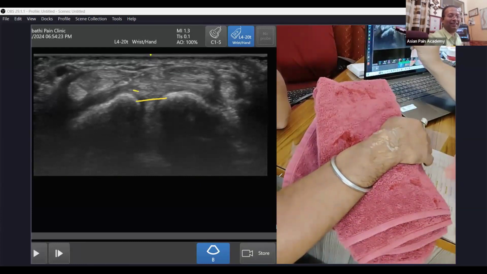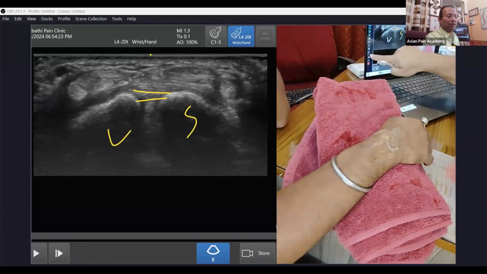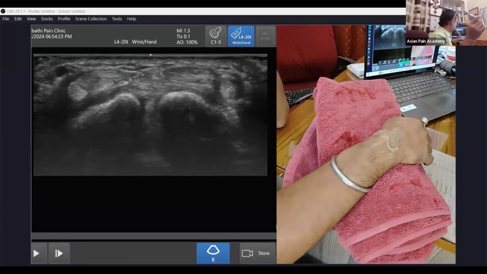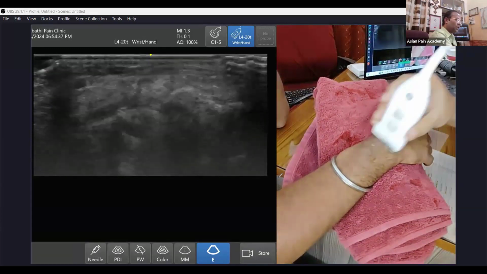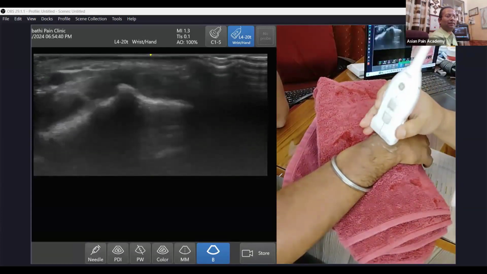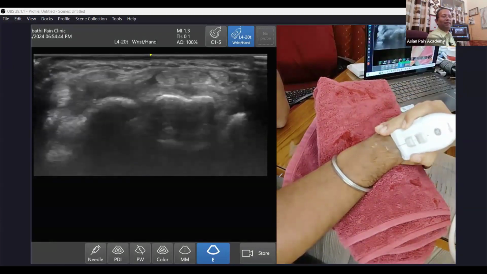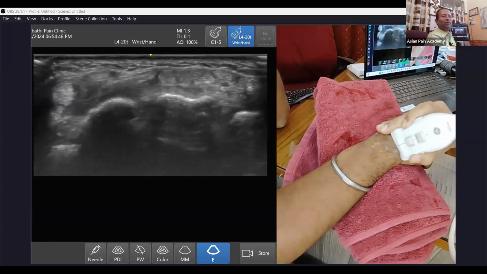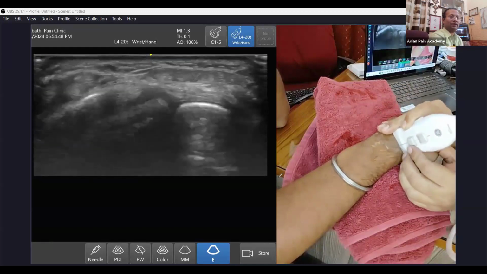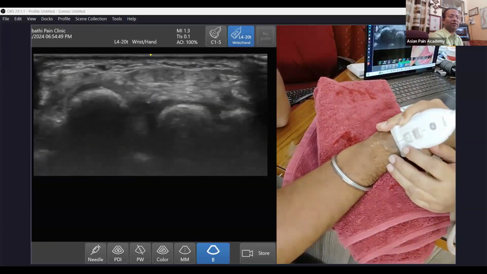So this is the ligament, scapholunate. Okay. Now let us see the lunotriquetral ligament. So for lunotriquetral, first we will find the scapholunate and we will go laterally. So this is the lunotriquetral area.